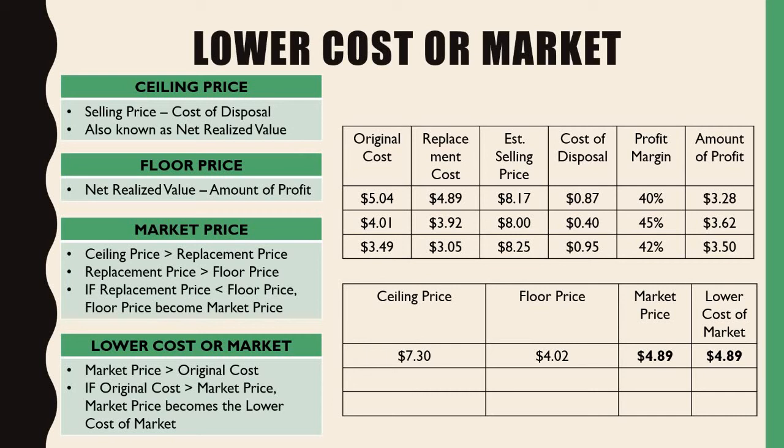So, let's practice the first one. What's my ceiling price? Your selling price is $8 minus the cost of disposal, 40 cents. So $8 minus 40 cents. What is my ceiling price? 760.